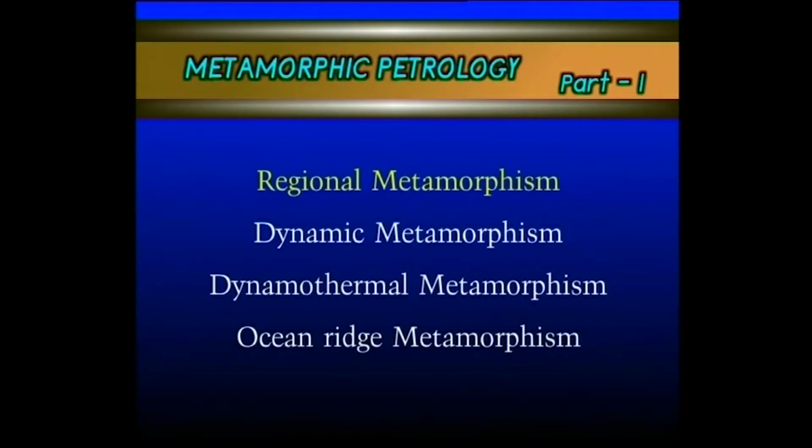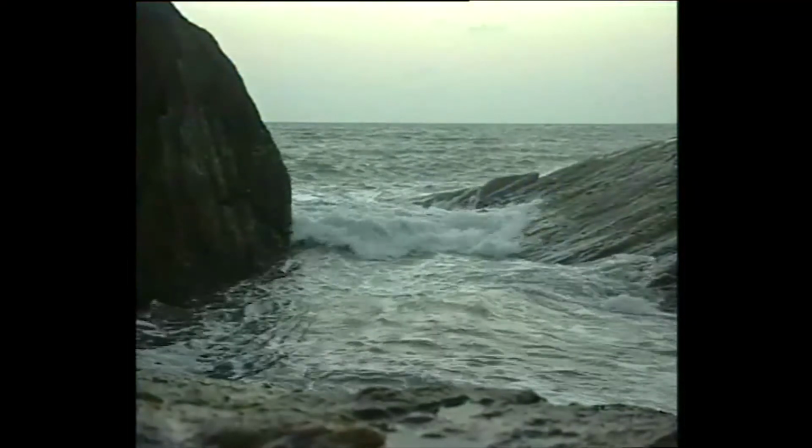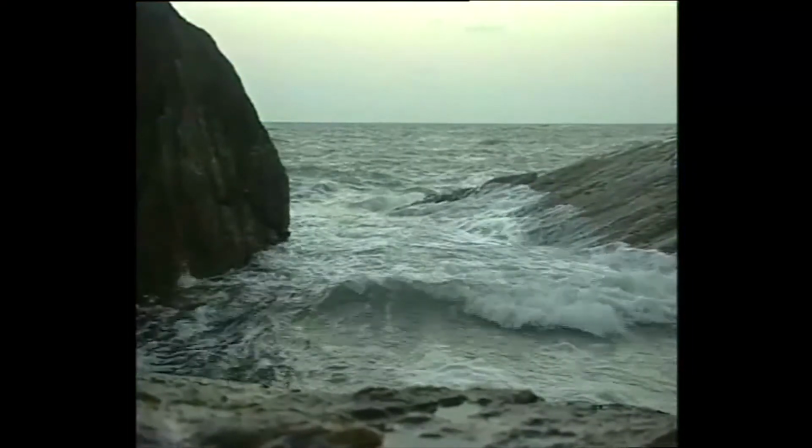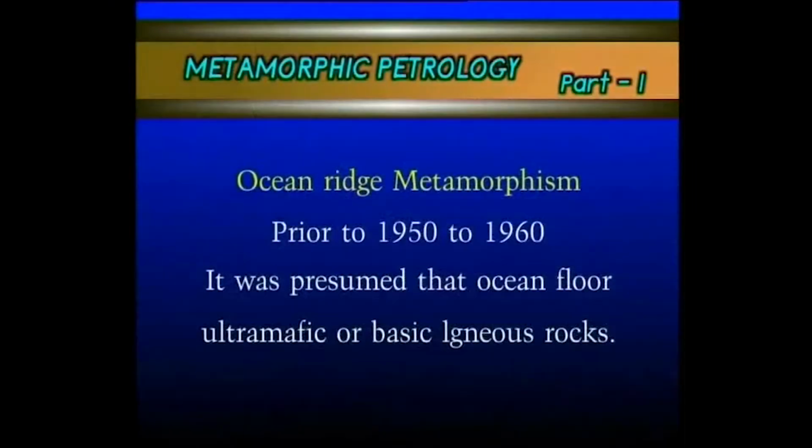And the third important factor, particularly for regional metamorphism, is dynamothermal metamorphism. As we already discussed, if we see the case of ocean ridge metamorphism, prior to the 60s and 70s it was presumed that the ocean floor is normally ultramafic or basic igneous rocks.